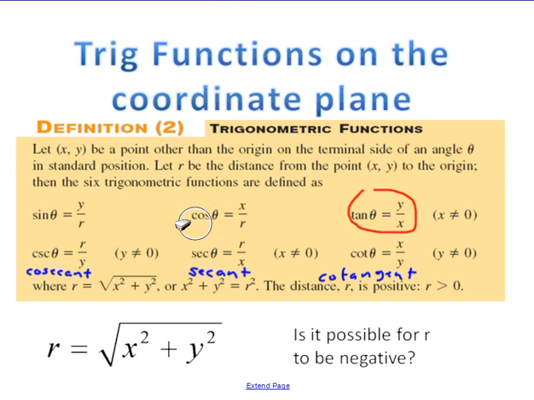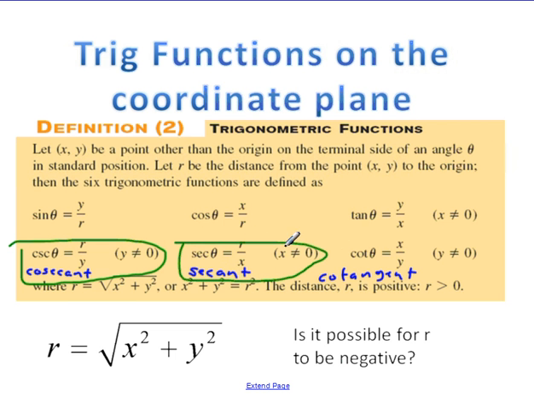What you'll notice is the three below it, which are cosecant, secant, and cotangent. Now, think about it for a second. I want you to relate the two. If we're looking at these as columns, I want you to compare sine and cosecant, cosine and secant, tangent and cotangent. See if you notice any similarities, differences, etc.